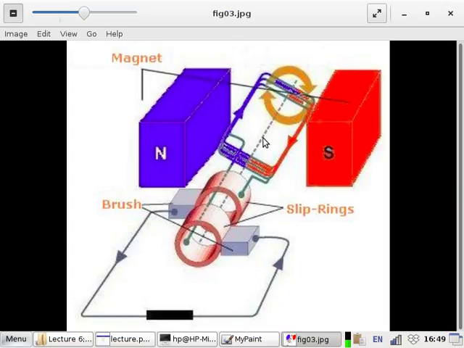This is designed so you really care about the Webers that cut the plane, and you also care about the angle. So for example, when the plane's like this, none of the magnetic field cuts the plane. And when it's like this, it cuts it a lot.